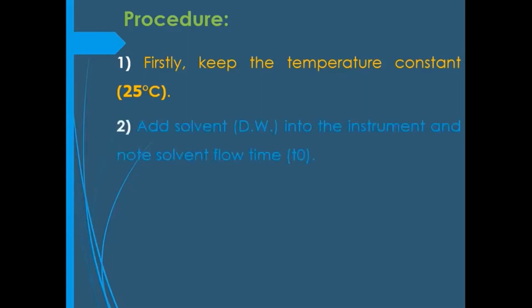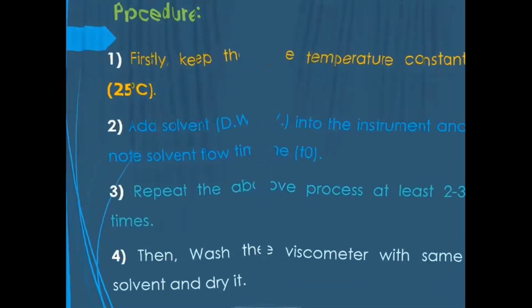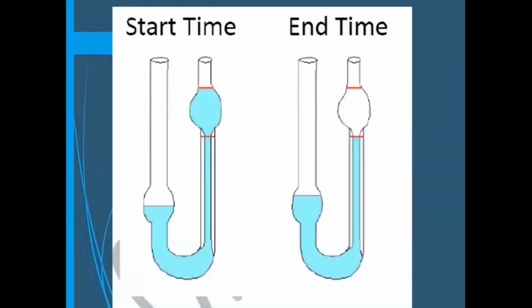Now, using the Ostwald viscometer, put this Ostwald viscometer inside the water bath, and put inside it the solvent we use for this experiment. We will use water as a solvent and polyvinyl alcohol as a polymer sample.